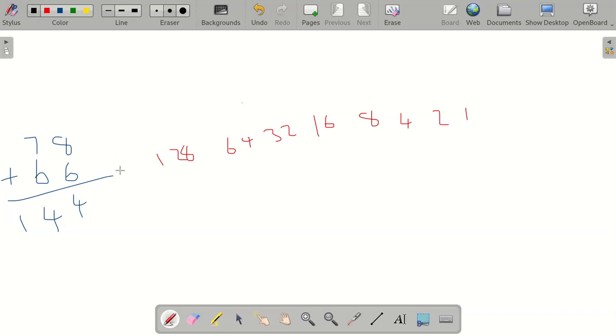Then we need to convert 144. We'll start at 128, so we'll put the 1 here. Now let's say what is 144 minus 128.